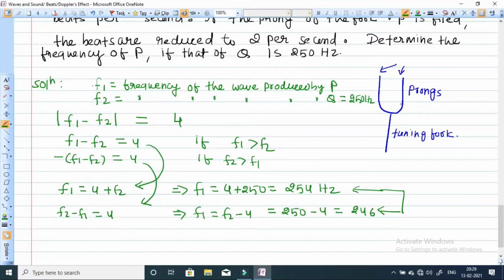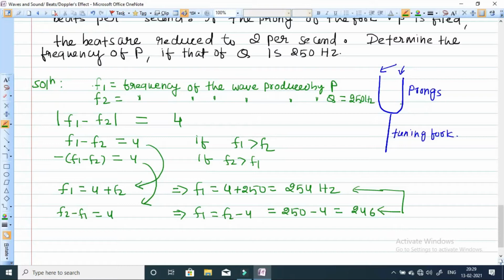Why? Now we have obtained two frequencies, 254 and 246, but only one of them is the frequency of the wave produced by the prong of P. Let us see which value is applicable.